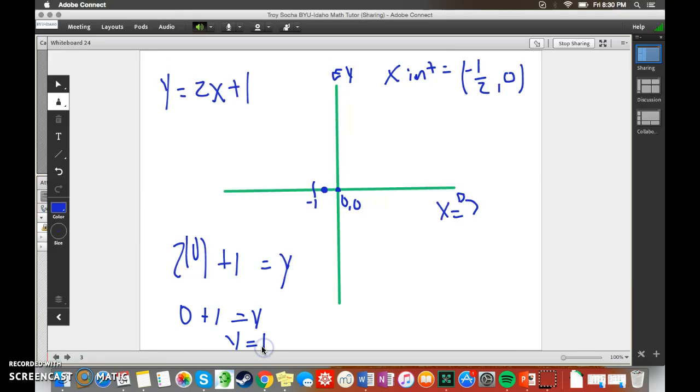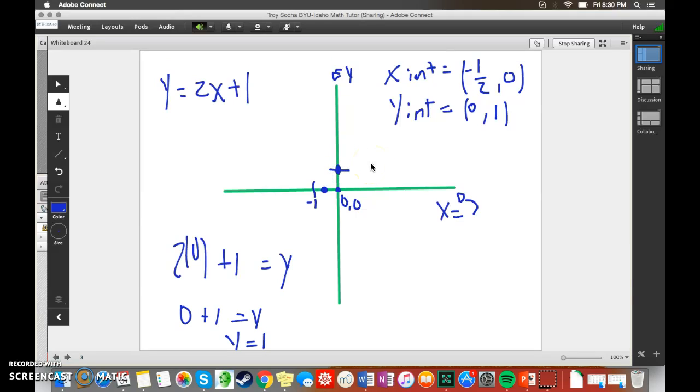It's 1. So now we get y. Our y-intercept is (0, 1). So this is going to talk about how to find where the y is. We go up 1 over 0, so our point is right there.